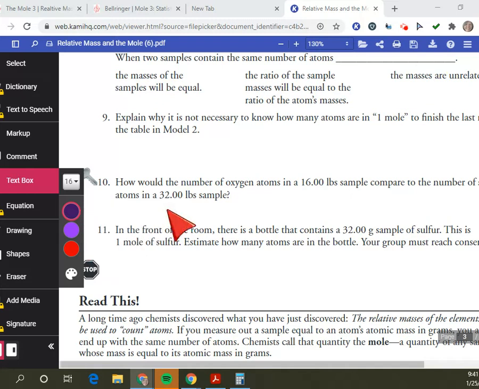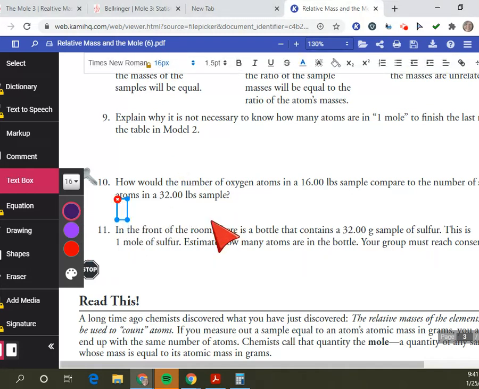So if we kind of think about it, let's kind of think through it. 16 pounds equals 7,257.48 grams. 32 pounds equals 14,515 grams.